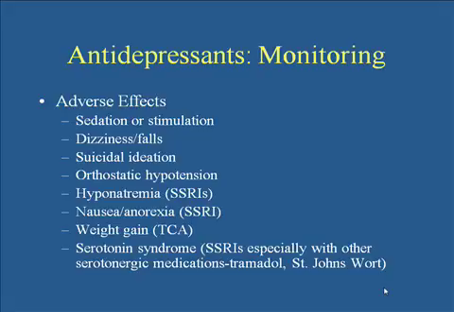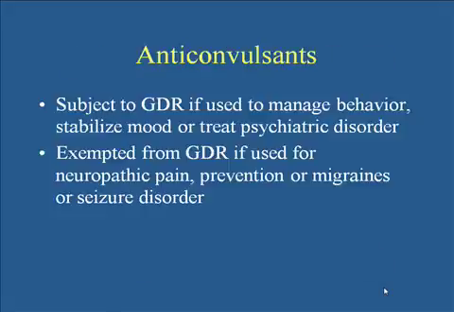So if we have, say, a patient with neuropathic pain or just any kind of persistent pain, and we're using an SSRI or an SNRI for those in conjunction with pain medication, as long as that's well documented, I think you'd have a very good case for not trying to reduce that.